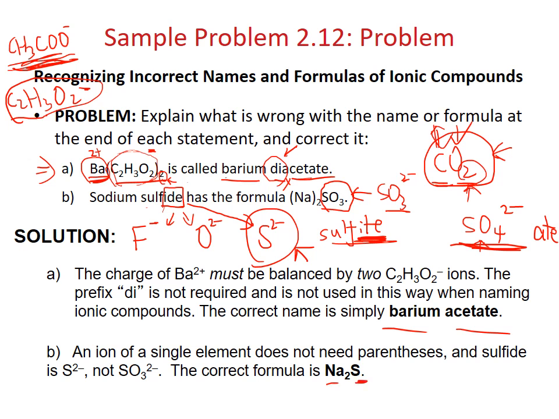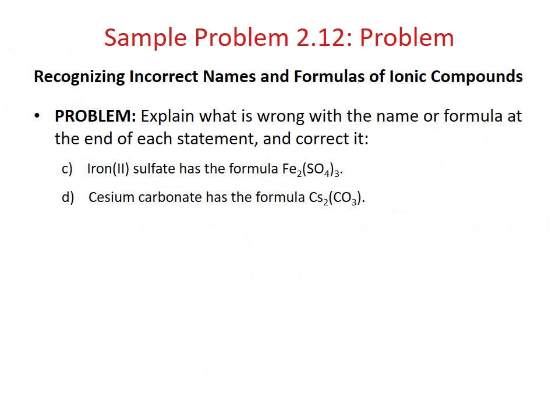Now sulfide has 2 negative, sodium has 1 plus. You need 2 of them, and that's why you have 2 here. Also when you name it, don't say disodium sulfide. It's an ionic compound, so just say sodium sulfide. In C, iron sulfate. The Roman number tells you iron has a charge 2 plus.